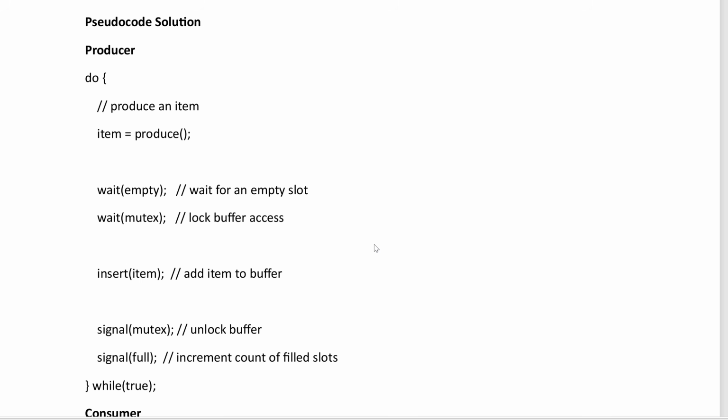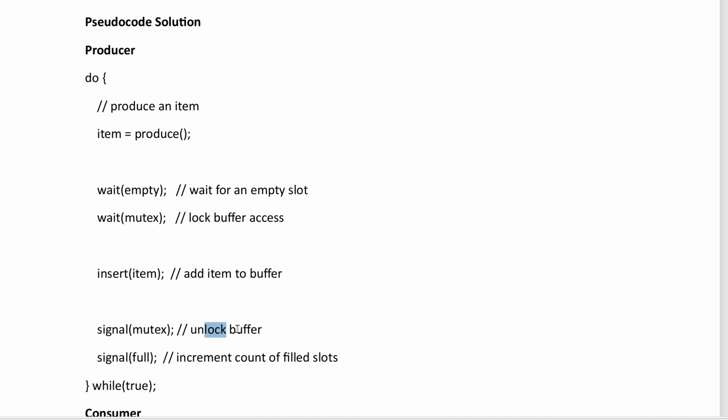Wait mutex means lock buffer access. The mutex, as I have told you, ensures mutual exclusion, so the buffer cannot be accessed by anyone else because the buffer access is locked now. After that, the producer will add an item to the buffer using insert.